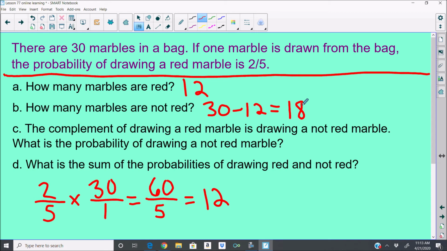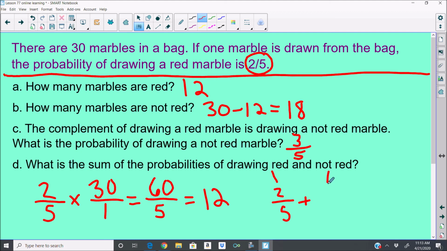What is the probability of drawing a not red marble? Well, we're told in the beginning that the probability of drawing the red marble is 2/5. So what is the probability of not doing that? It would be 3/5 because that's all that's left. What is the sum of drawing the red marble? Well, this is 2/5.